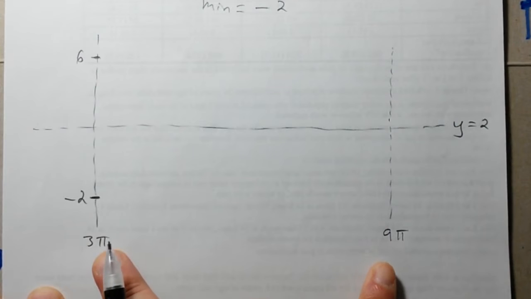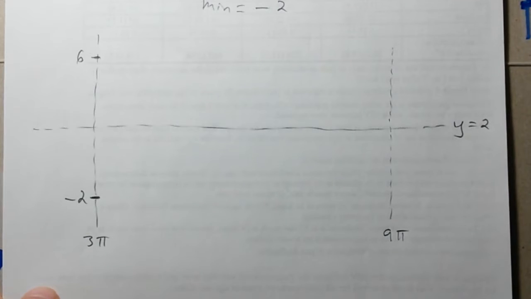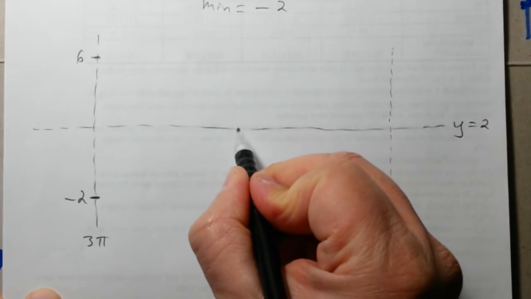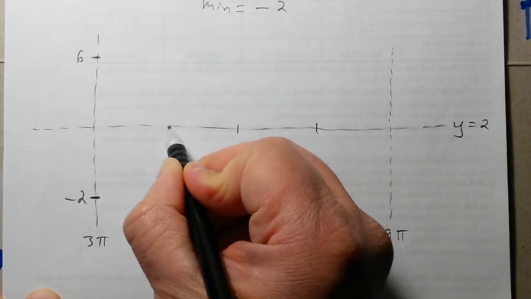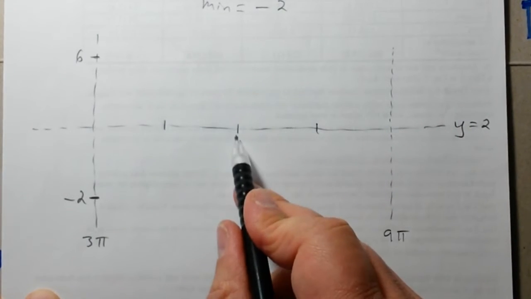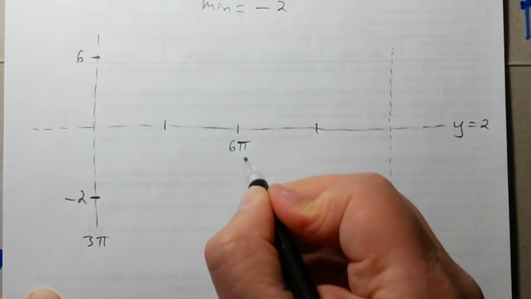Well, if this whole thing is 6 pi, what's half of 6 pi? Half of 6 pi would be 3 pi. So basically 3 pi plus 3 pi gives us 6 pi. So halfway between these 2 points is that, halfway between these two is that, and halfway between these two is that. So this point right here would be our 6 pi, right?